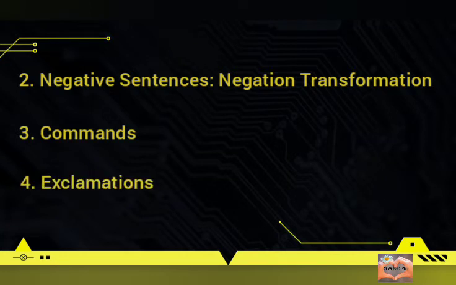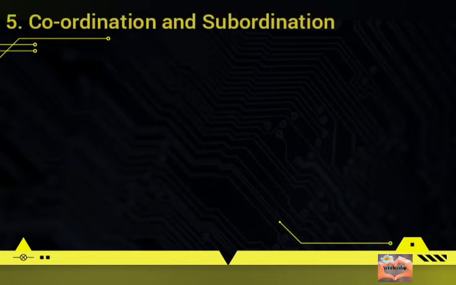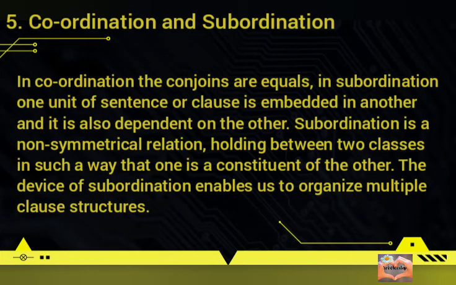Fourth one, exclamations. And the last and fifth one, coordination and subordination. In coordination, the conjoints are equals. In subordination, one unit or sentence or clause is embedded in another, and it is also dependent on the other.